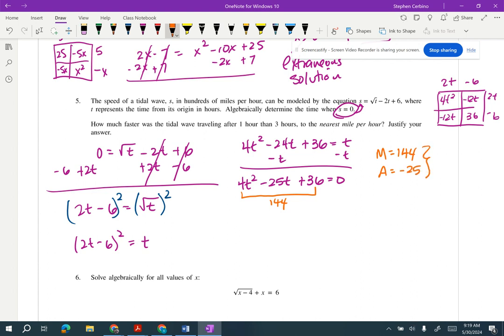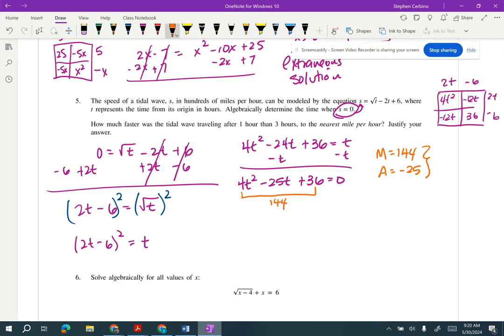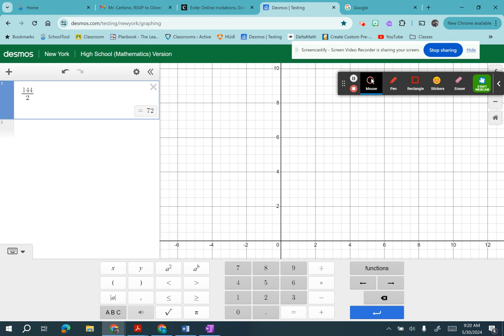Well, the two numbers that make that work are what? So let's see. If we take 144 and divide it by 2, we get 72. Does 2 and 72 add up to make 25? No. So we'll divide it by a different number. And we're just going to have to keep going through this process until we find something that works.